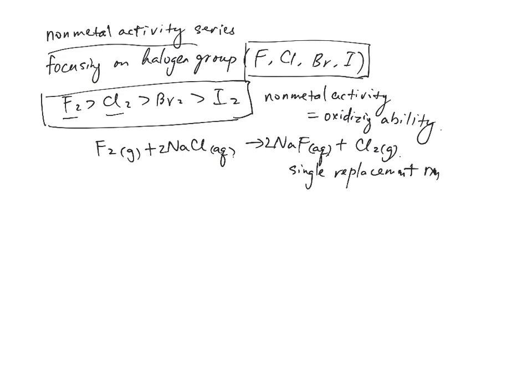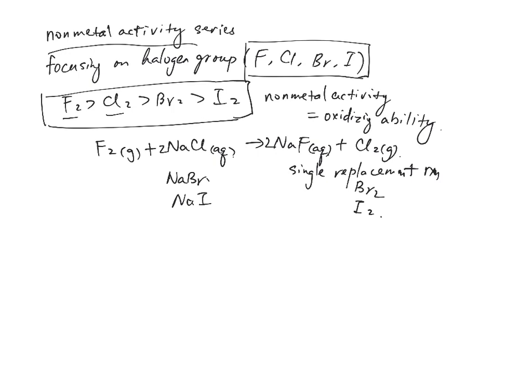Now, fluorine can do this too. If you have NaBr, same result. If you have NaI, same result. Okay, so fluorine can do this to everybody else.